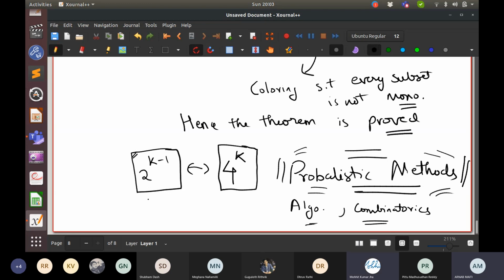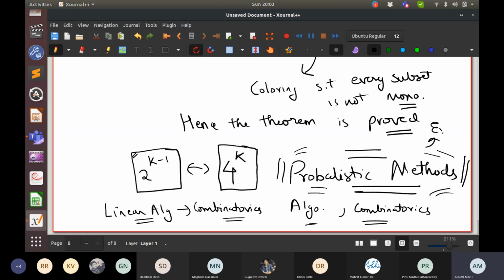There are also other areas where you can use linear algebra, which you learned in first year, to solve combinatorics problems. These were brought up by people who are legends in their field. Probably this one was brought by Erdos, as far as I can remember, and this other one by Fisher.